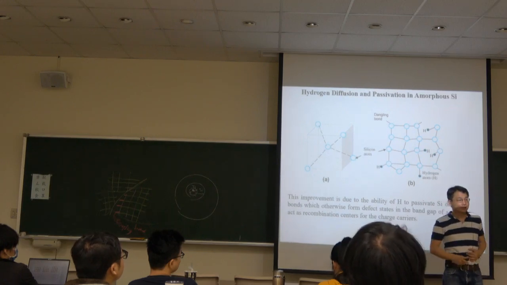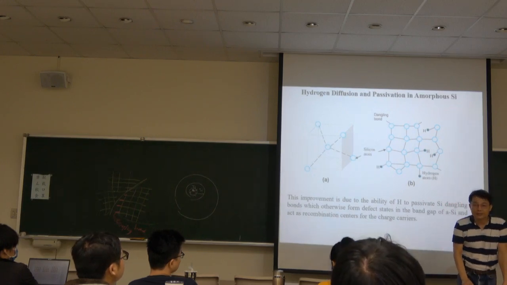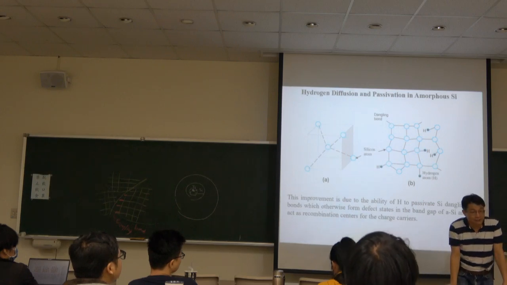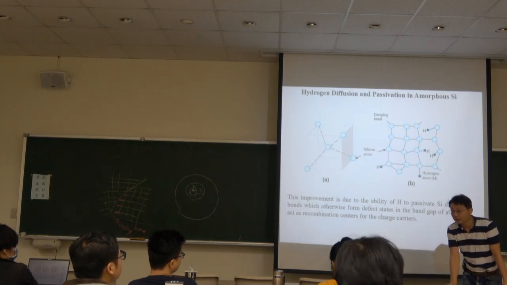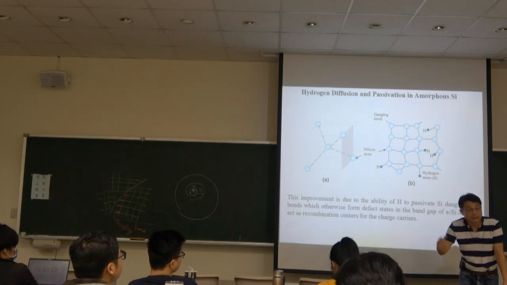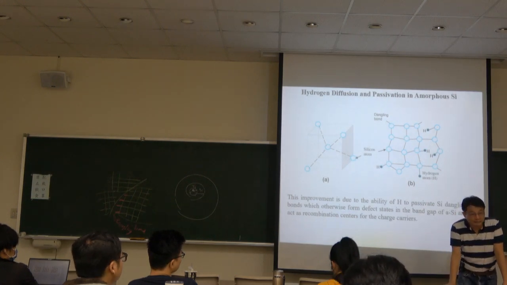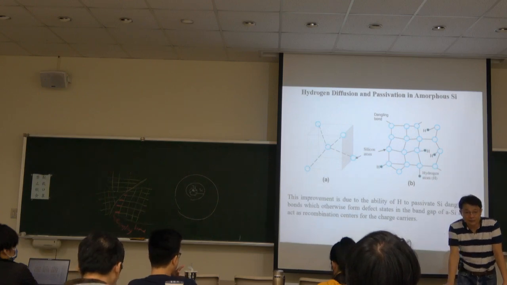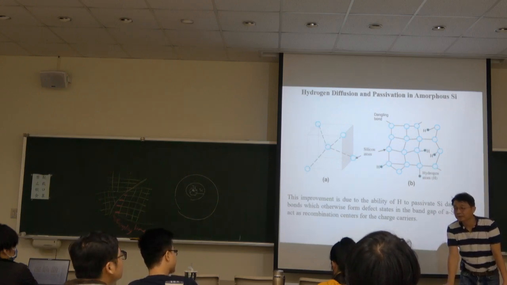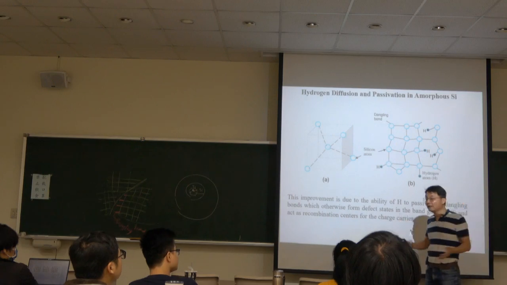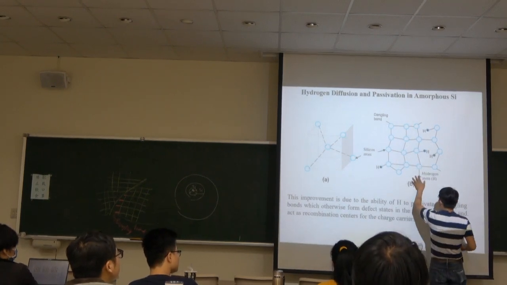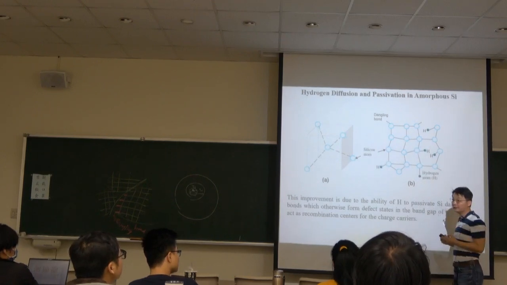So that's why amorphous silicon has a conversion efficiency of about half of silicon, maybe 10%. But the lifetime is only maybe less than 10 years, or even 5 years or 1 year, the dangling bonds will easily be created.